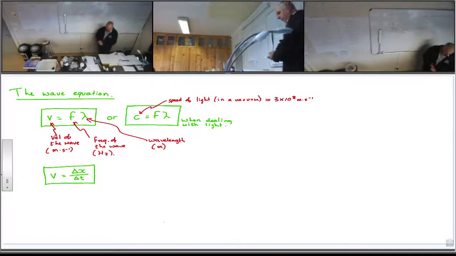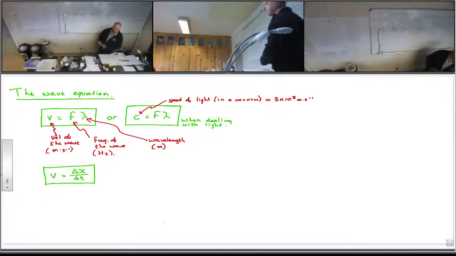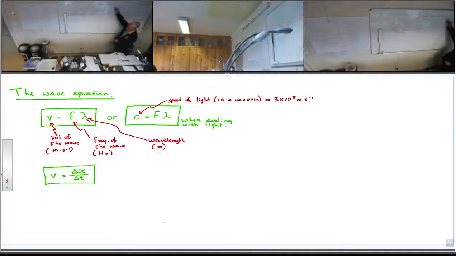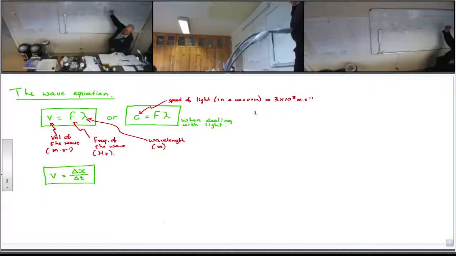Okay, let's do it. Esther, will you tell me the first one, please? Number 1, you're asked to find the frequency. What's your formula? Lambda, okay, substitute. Don't change it around first, substitute. What is C? Right.